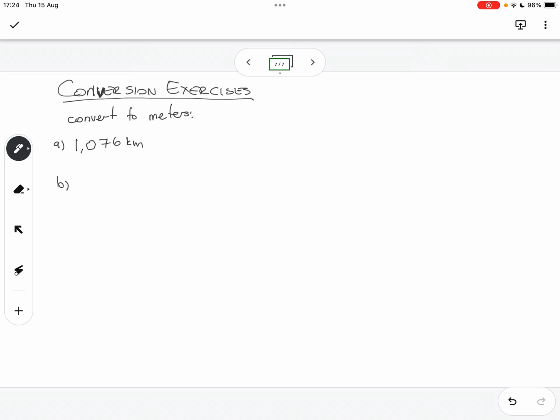And the second one is 0.43 hectometers. So when we are reading decimals like this, we don't say 43. That's for numbers that are not behind a comma. When we read out loud numbers that are behind the comma, we call each number on its own. So this number would be 1 comma 076. This one will be 0 comma 43.